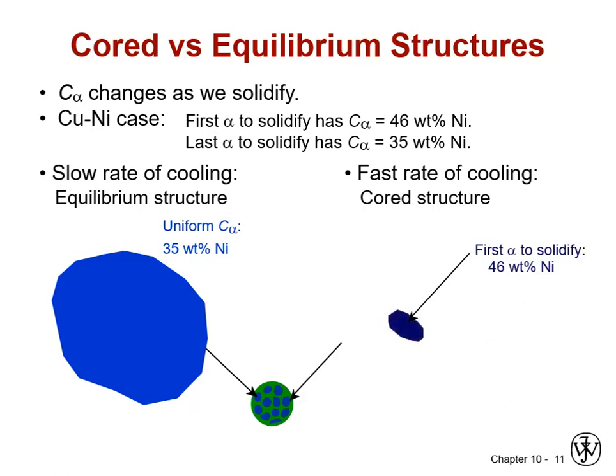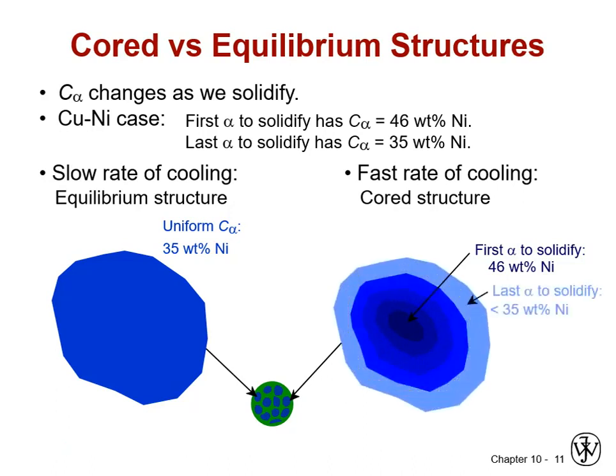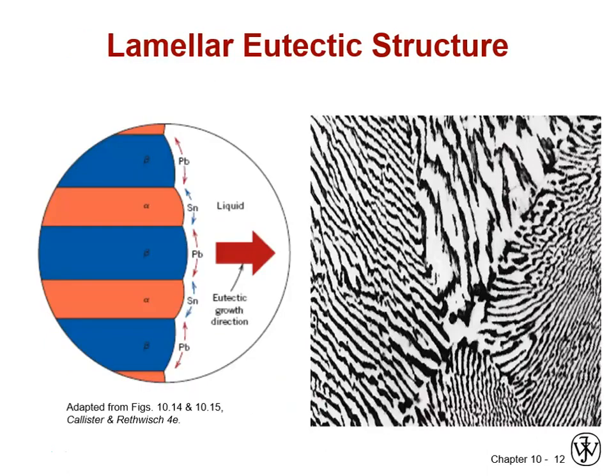So again, the first solid to solidify is 46 weight percent nickel, and then each new layer has less and less nickel, which is being represented by a lighter and lighter color. So in this case, darker color means more liquid. So it's only the last alpha to solidify that has less than the average composition, and it would have to be less because the average has to be 35. So if the core has more, the outer edges of those grains near the grain boundaries have a lot less.